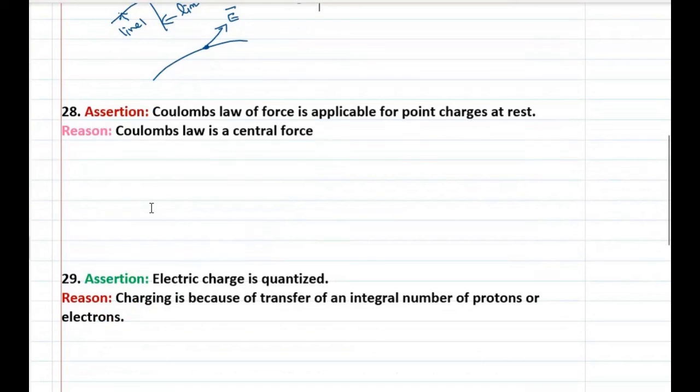Next: Coulomb's law of force is applicable for point charges at rest. Okay, it's a correct statement. We know that Coulomb's law is applicable for point charges at rest. Coulomb's law is a central force. So this is not a correct explanation.